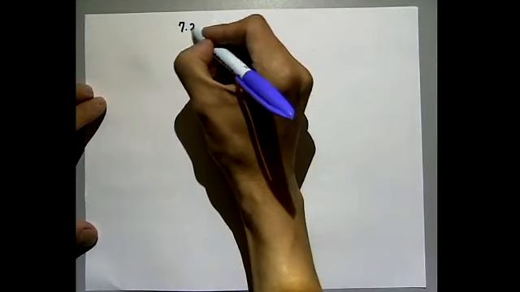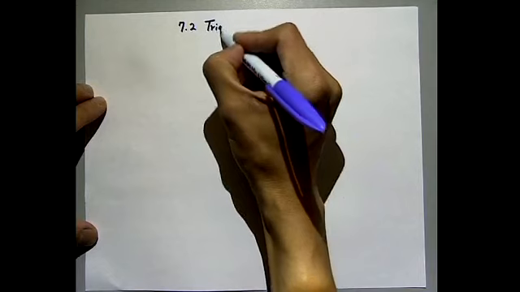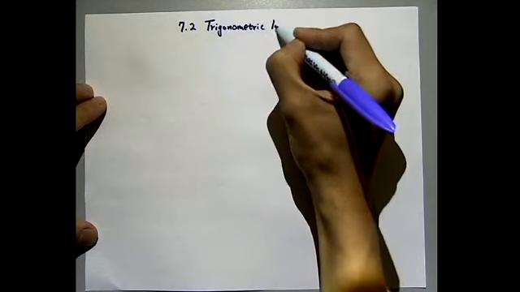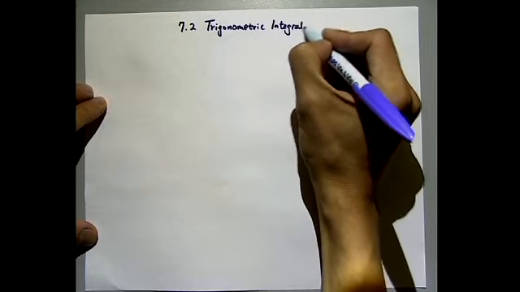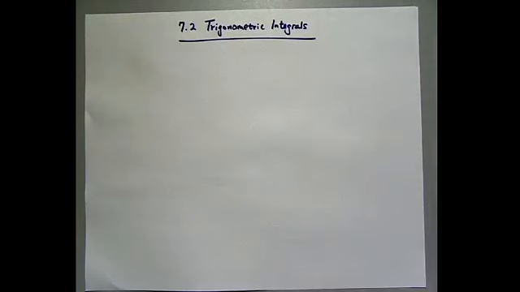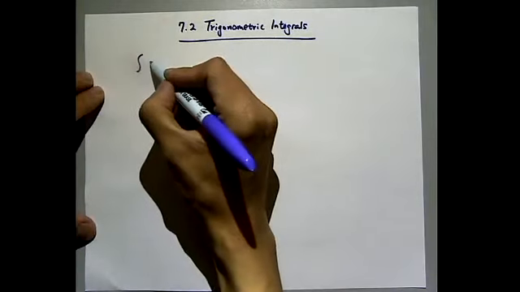So today we're going to look at 7.2. We're going to look at trig integrals. So first of all, there are a lot of trig integrals that we can calculate already.